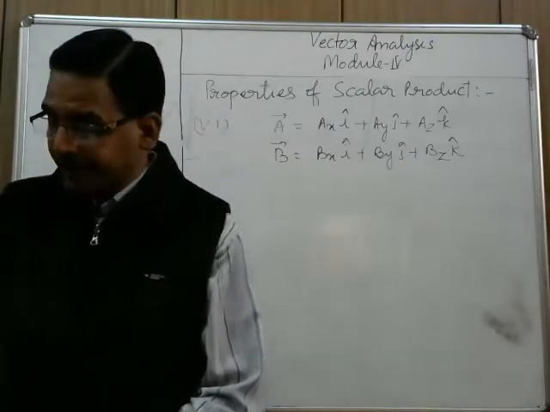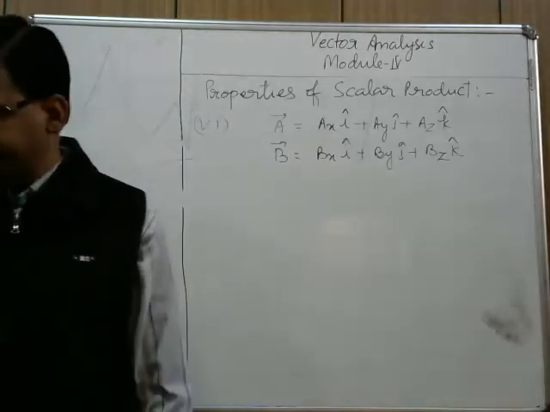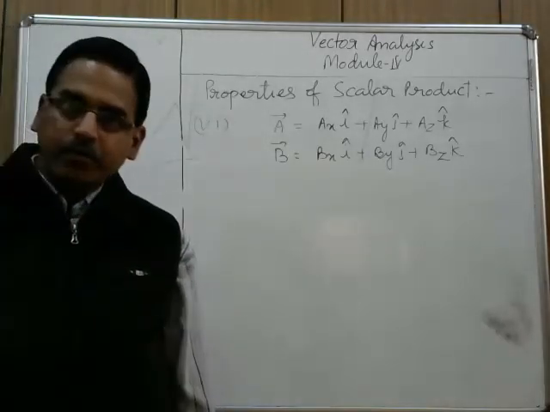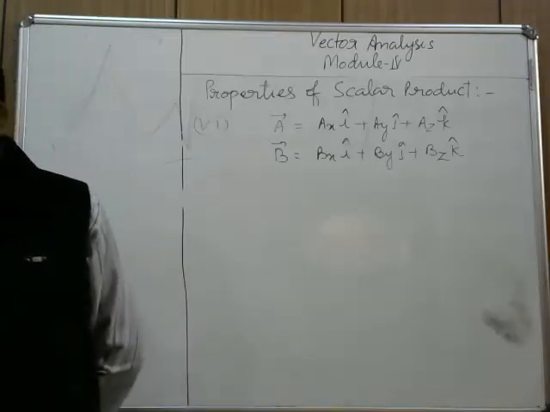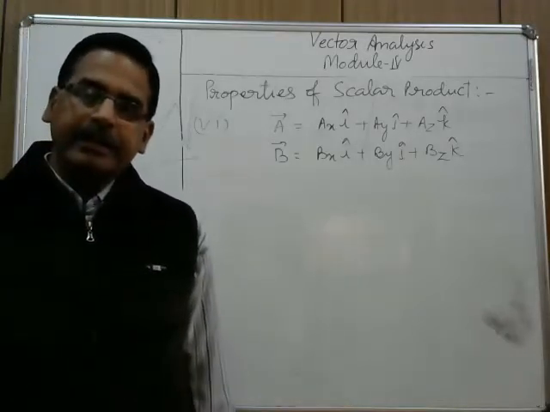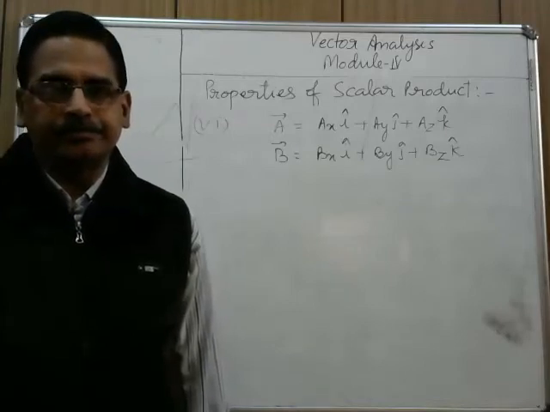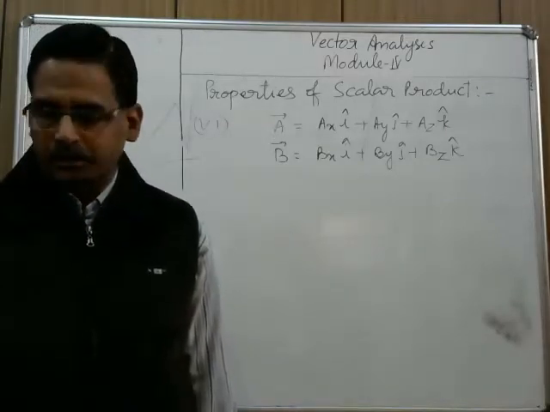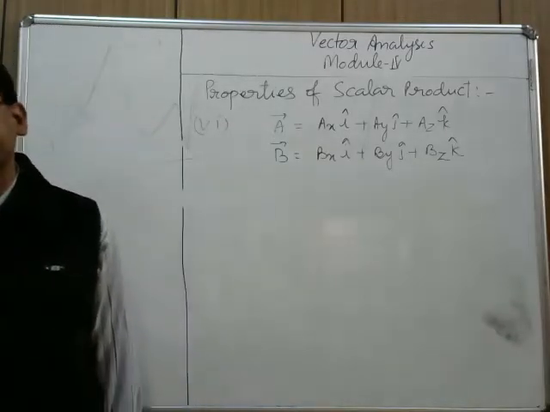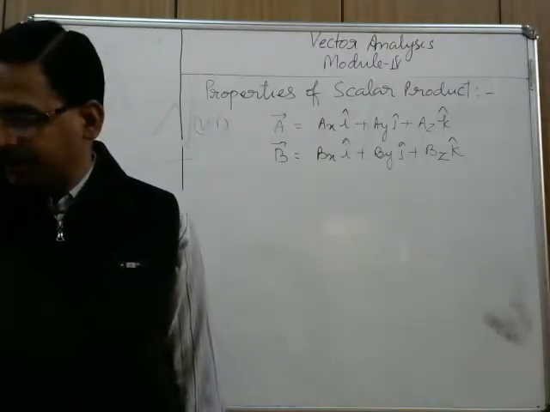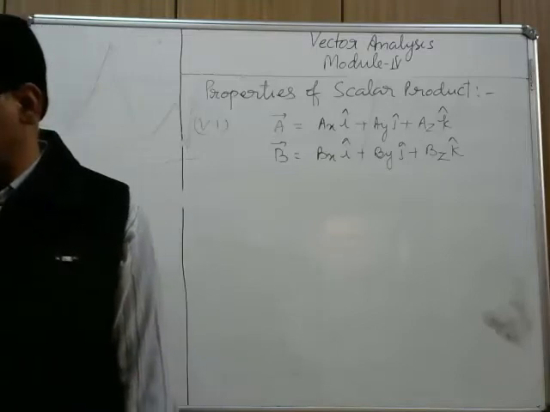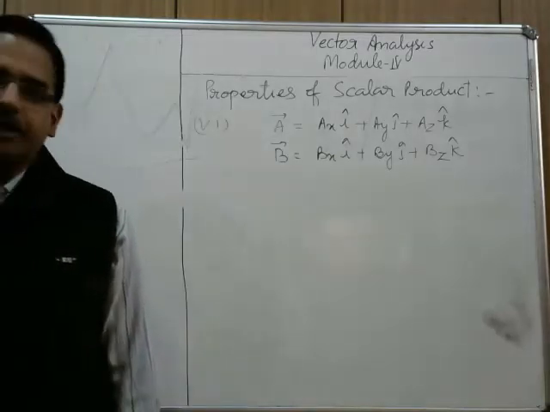Now, the property is: the scalar product of two vectors is equal to the sum of the product of their corresponding x, y and z components. I repeat, the scalar product of two vectors is equal to the sum of the product of their x, y, z components.